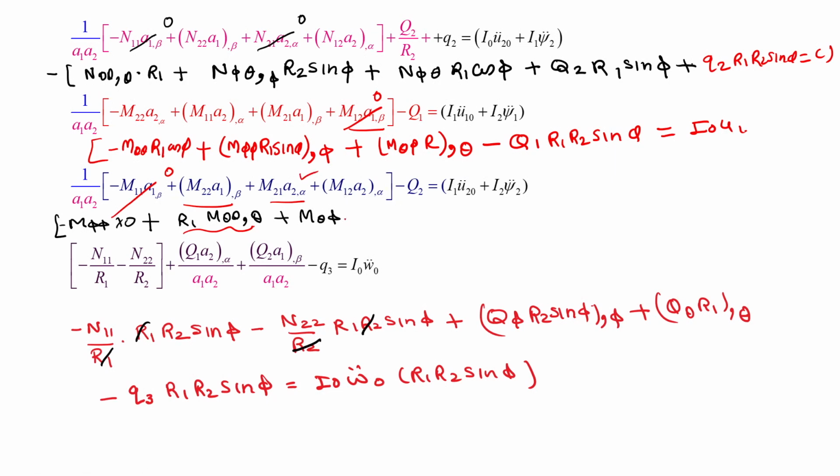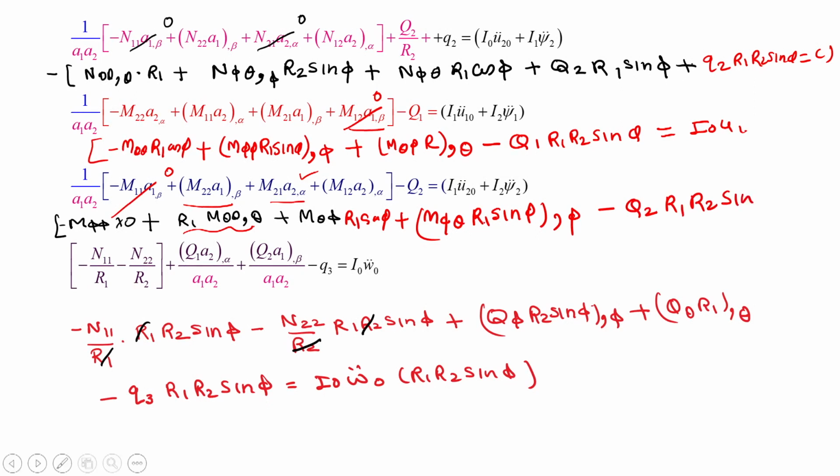So, basically m theta theta r1 cos phi plus m phi theta r1 sin phi comma phi minus q2 r1 r2 sin phi, sorry, r2 sin phi, a2 is r2 sin phi, is equal to some dynamic terms.